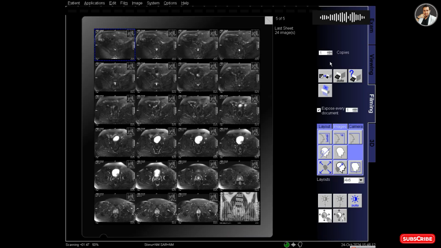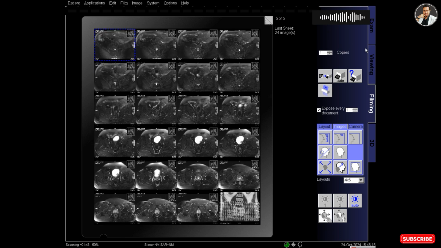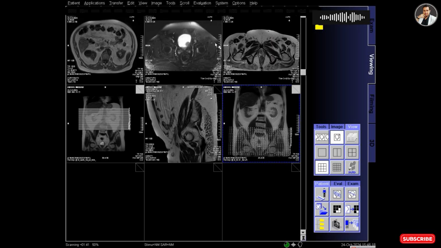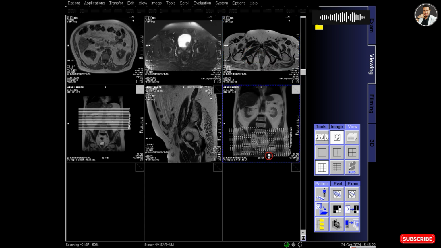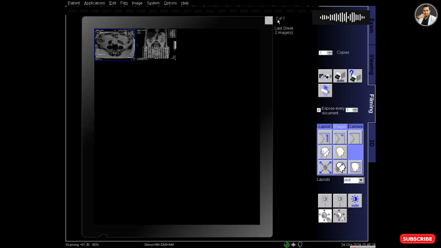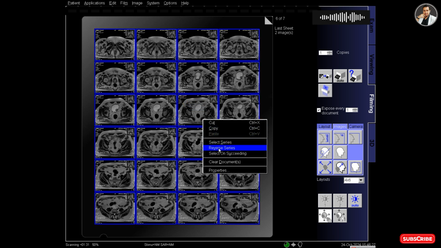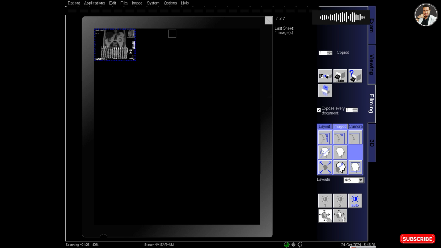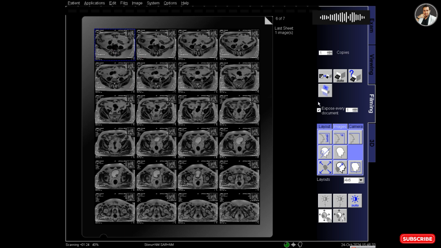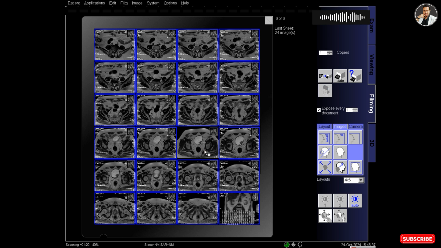And the 3D sequence is running. In the meantime, I am preparing my films. And now it's T2 axial lower abdomen. I have sent the films and also the reference image to the filming. And in the filming for axial image, I have set a 4:6 layout for the lower abdomen.